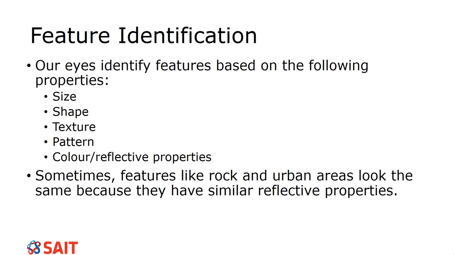So the last thing that comes with this is feature identification. Our eyes identify features based on size, shape, texture, pattern, color, and reflective properties. So when I'm talking about those things, I want you to think, let's say you walk by somebody's desk. How can you tell something is a stapler?